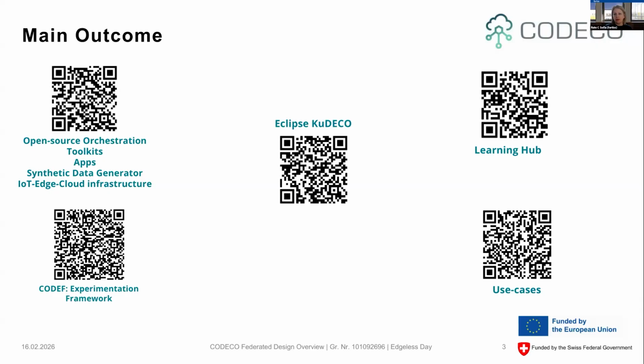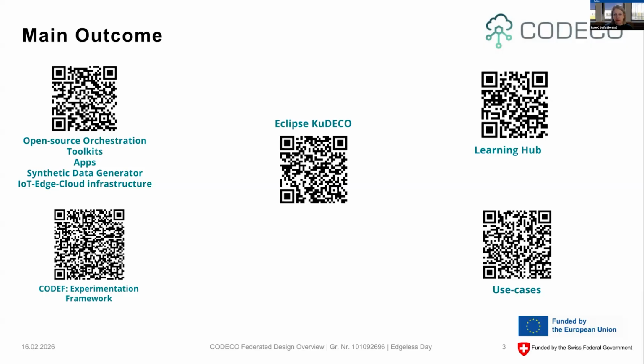We can run different applications. We have also created dummy applications, but you can also use your own applications, and then do a deployment together with CODECO of a full experiment, compare it to other approaches, and get the results. So this is what CODEF does.